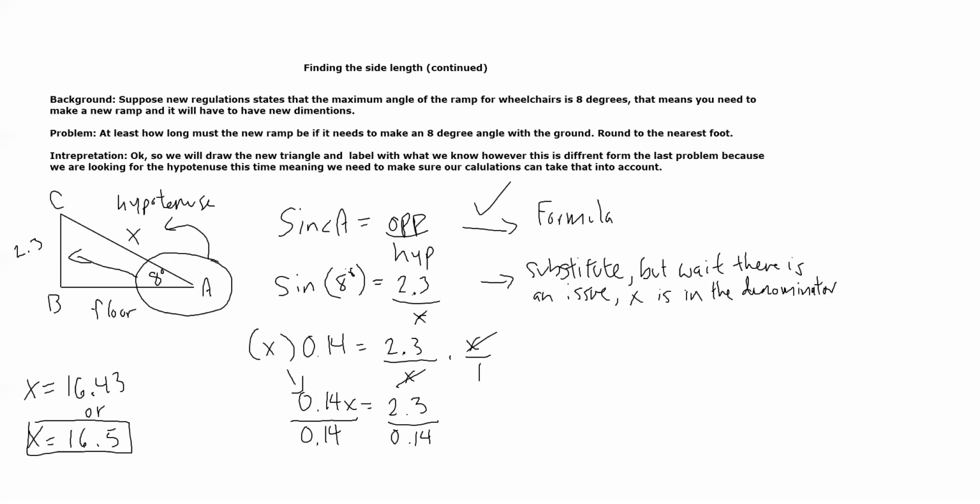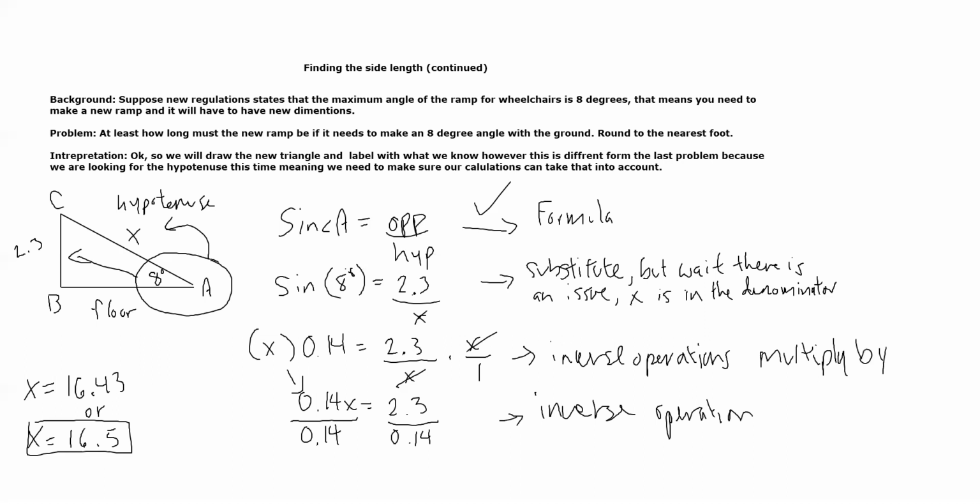In which case, now I have to use what we call inverse operations. Again, both of these steps are inverse operations, but they're just different operations that I had to invert. In this case, I had to multiply by my variable, by my x, multiply both sides, right?